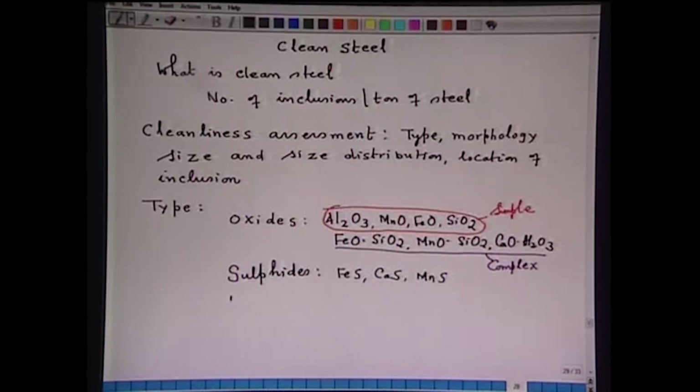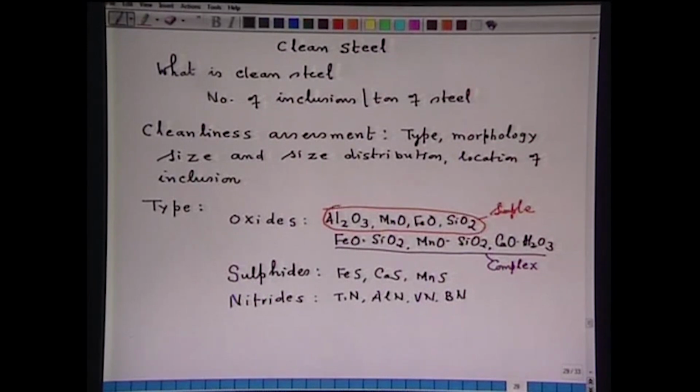Then we have nitrides, for example, titanium nitride, AlN, of course depending on the availability of titanium or aluminum, then vanadium nitride and boron nitride depending on the addition of these elements and the concentration of each to form an inclusion.